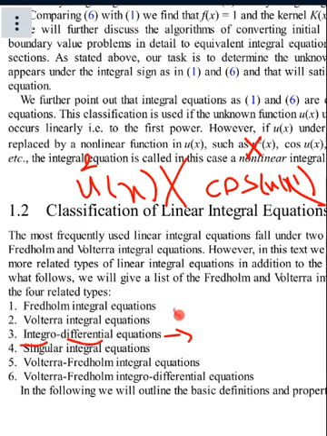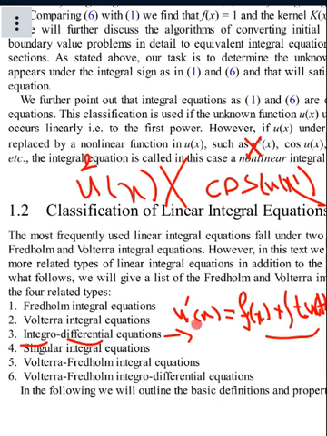For example, you can have u prime of x, the derivative of the unknown function, equals f of x plus the integral of t u of t dt. On the right side you have the integral of the unknown function, on the left side you have the derivative. So we call these kinds of equations integral differential equations.